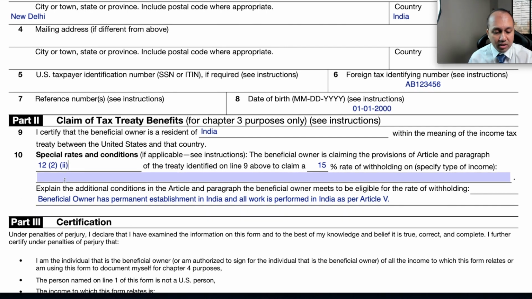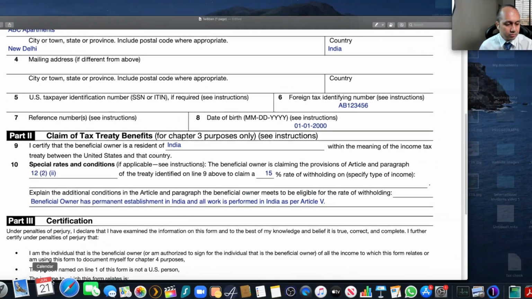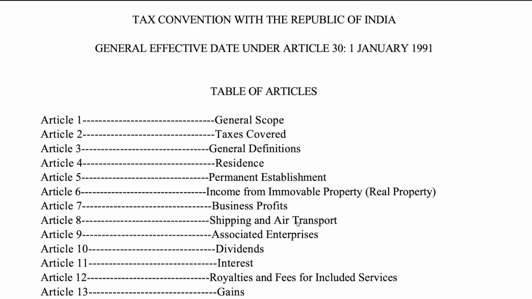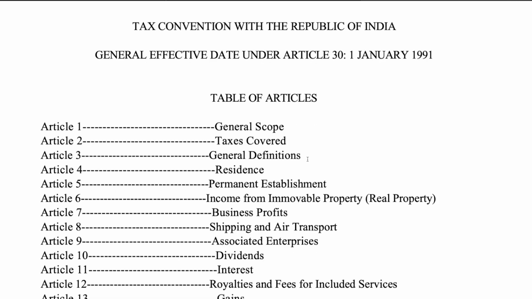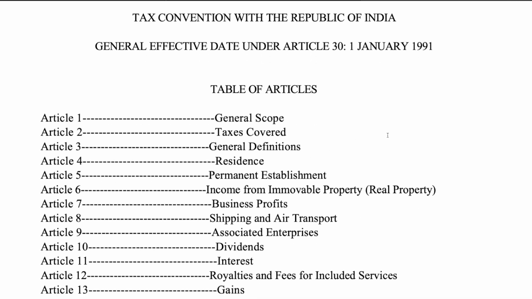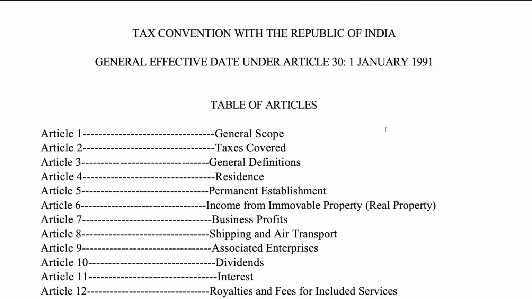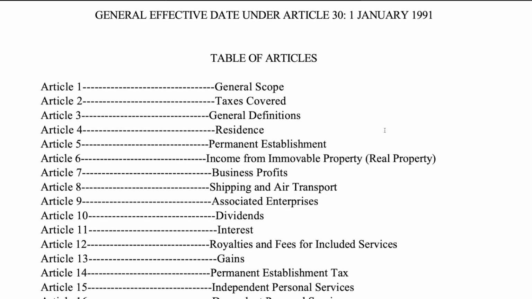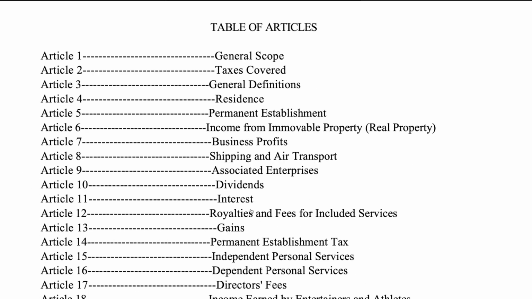Let me quickly show you that. This is the treaty the United States has with India. You can find it on the irs.gov website, and here you come to Article 12. Most of the articles are similar with treaties from other foreign countries. It's just what's in the treaty that's different.